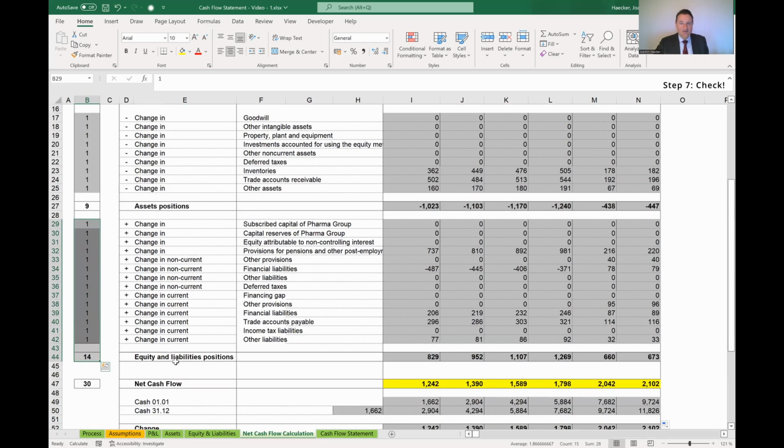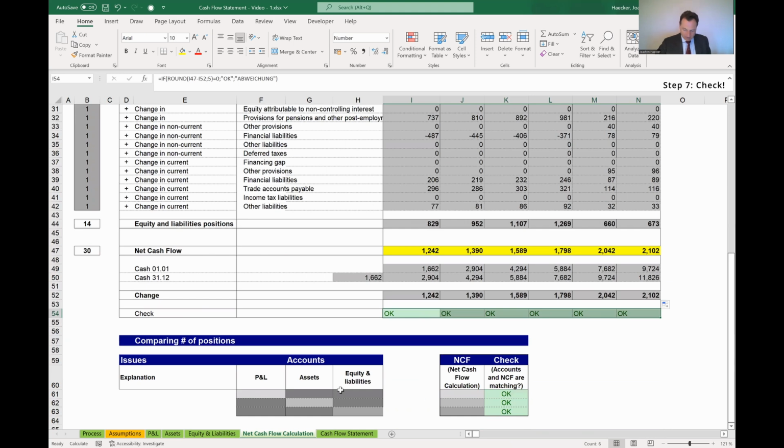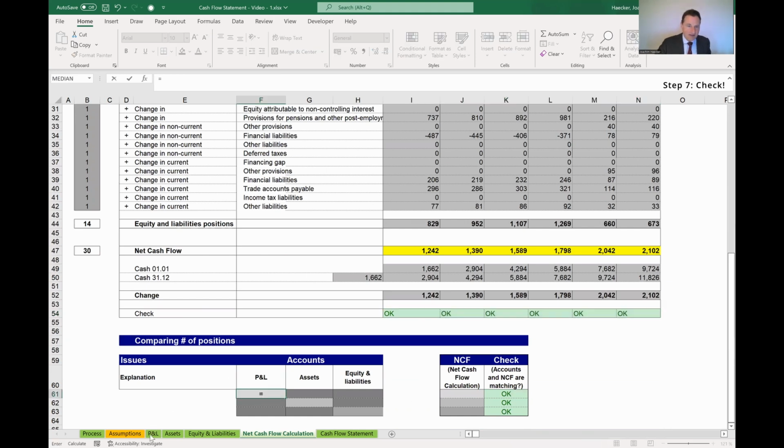All the equity and liabilities positions mean money in, therefore they are added. And that's quite easy. All we did is make sure that we didn't forget a position and didn't make any mistake concerning a plus or a minus, and it all works out. And we're just comparing the positions. Let's check out P&L position. That was how many?